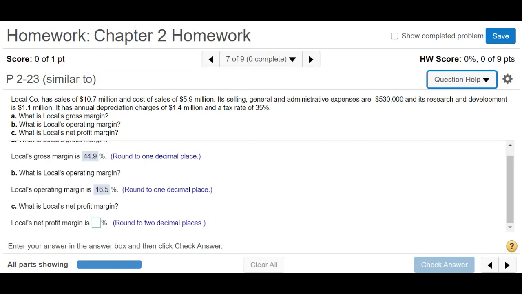So 1,770,000 times 1 minus 0.35, divided by 10.7. 10.8%. What did you say, Michelle? 10.8.